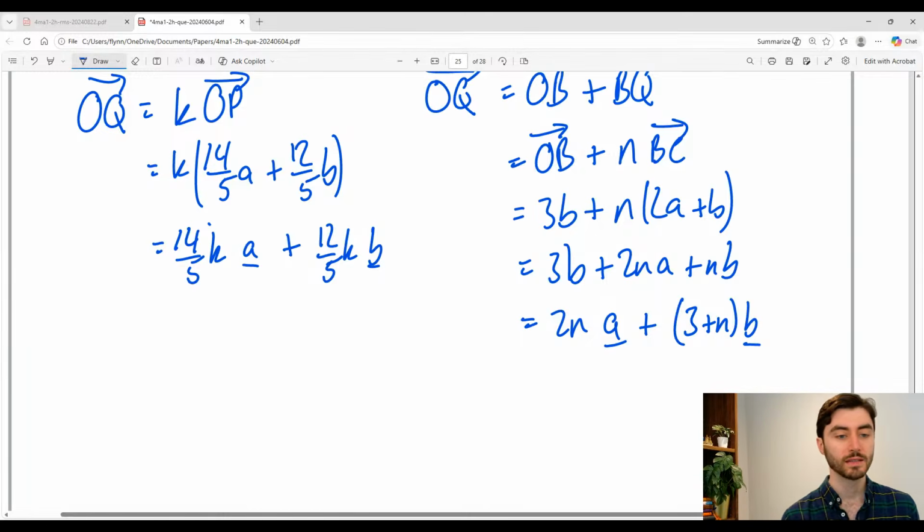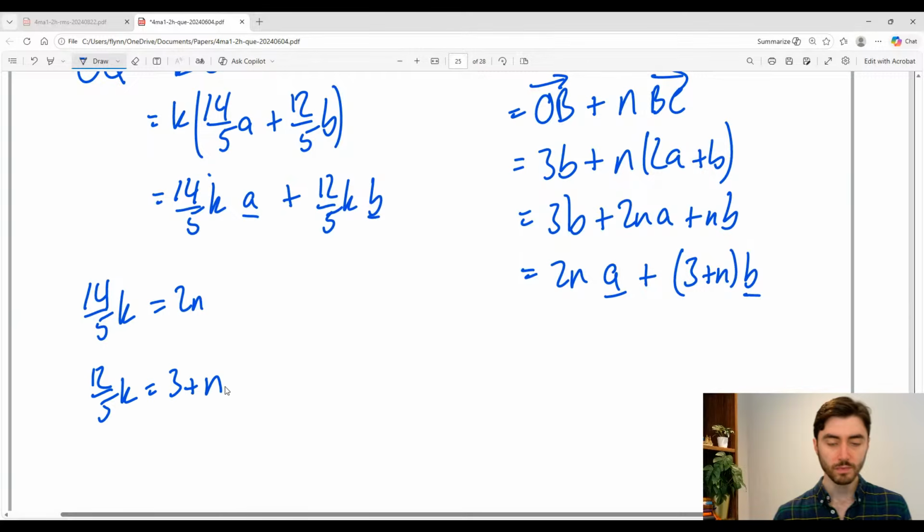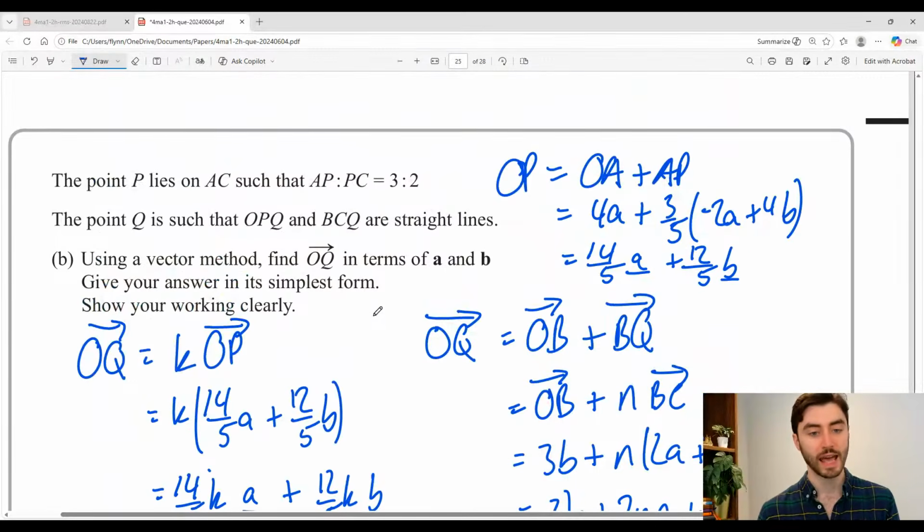So what that means is that 14 over 5K is equal to 2n, and 12 over 5K is equal to 3 plus n. And from this, we can do simultaneous equations to work out n and k.